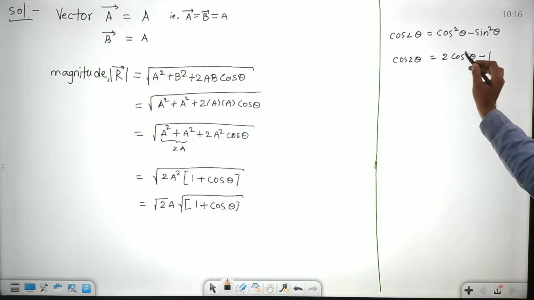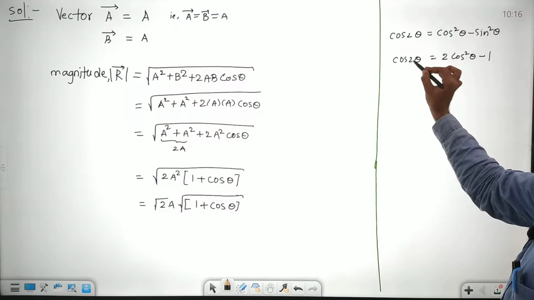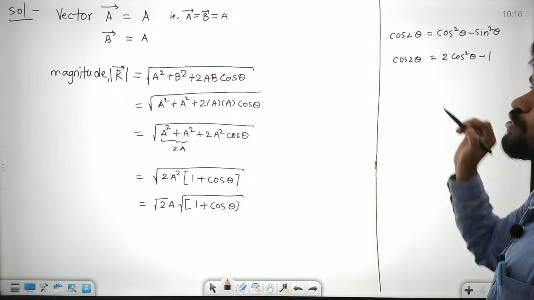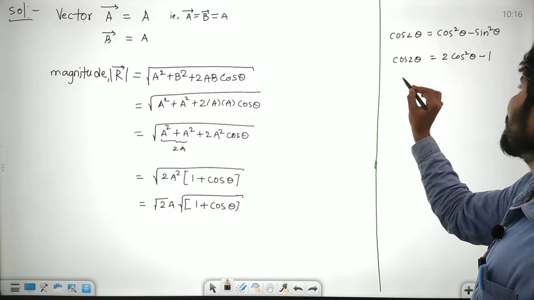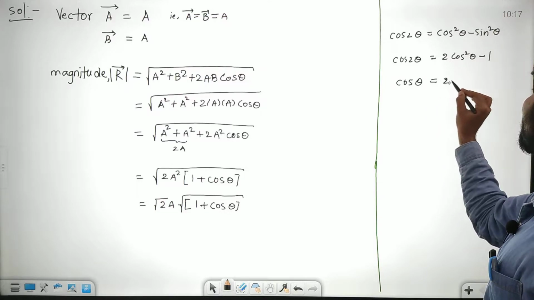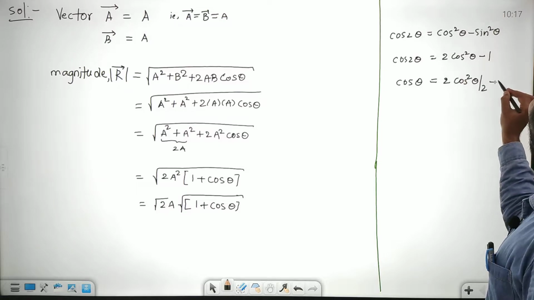Hope you understand. Now see, here cos 2 theta. Now I am removing this theta, so I am removing this 2. If I remove this 2, I will get cos theta equals 2 cos square theta by 2 minus 1.